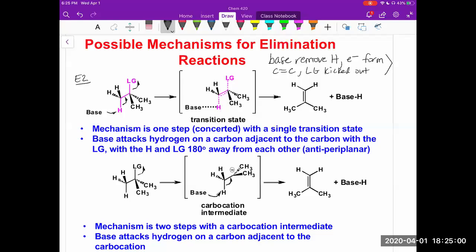And all that happens in one step. Here's our base. It's grabbing the hydrogen. So that's the deprotonation. Electrons that were the carbon-hydrogen bond move up to form the double bond, which then shoves out the leaving group. There is one transition state, and then you get your product.